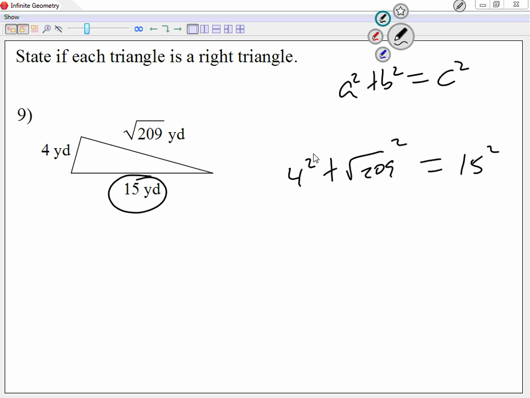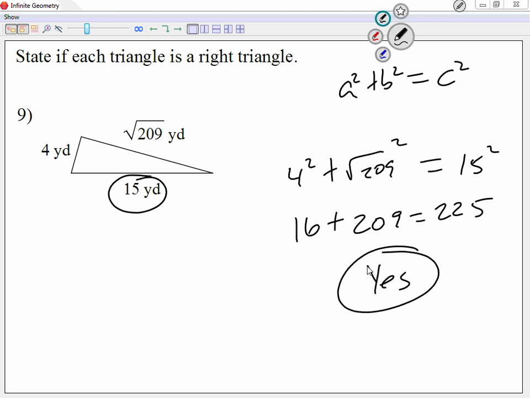How much is 4 squared? 16. How much is radical 209 all squared? 209. How much is 15 squared? 225. Is 16 plus 209 equal to 225? Yes. So then the answer is yes. So when I ask you, is it a right triangle, I'm asking you if a squared plus b squared equals c squared.